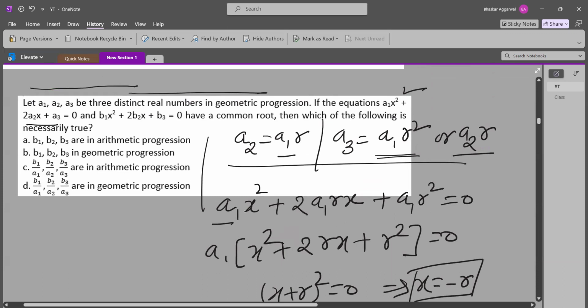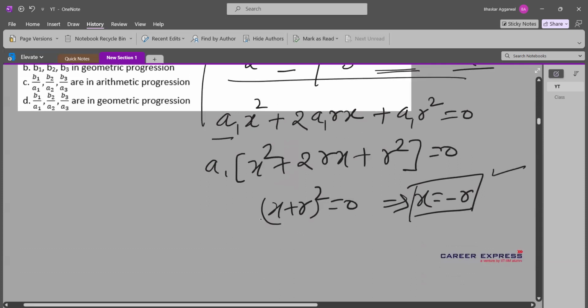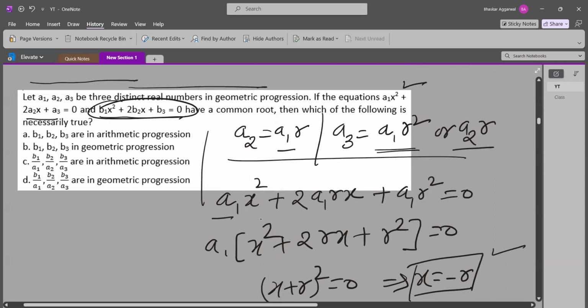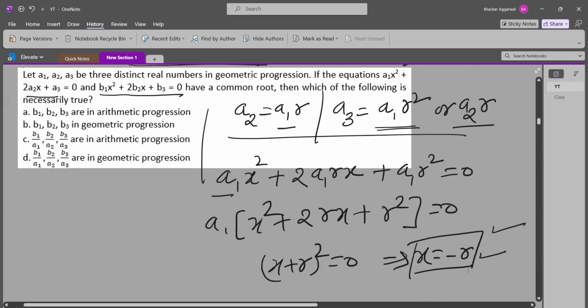Since both equations have one common root, the first equation, which has only one root, must have that root as the common one. So in the second equation, if I replace x with minus r, then that should satisfy the equation. That means x equal to minus r should make this expression 0.